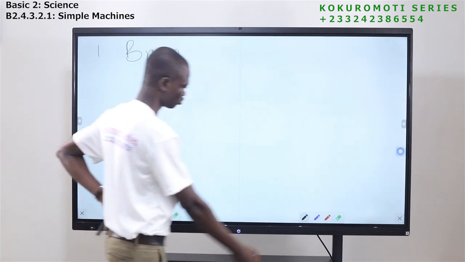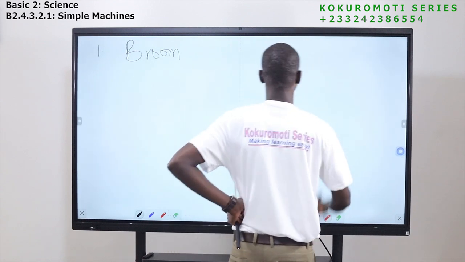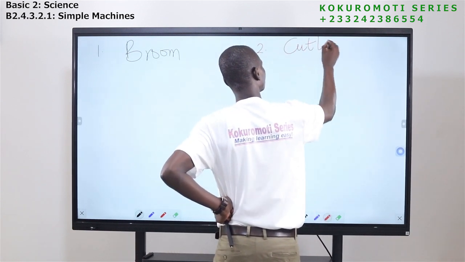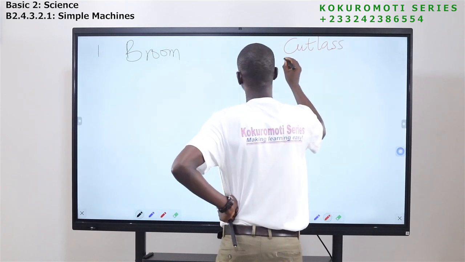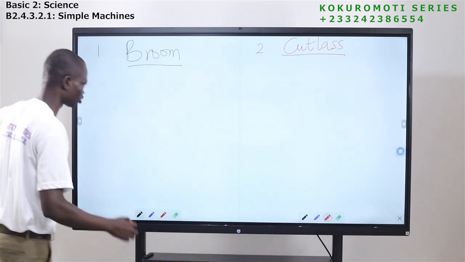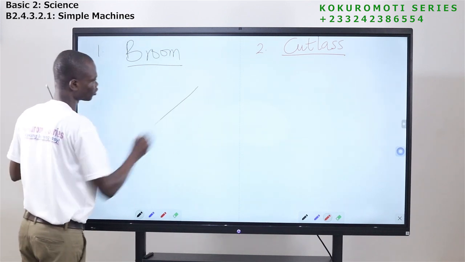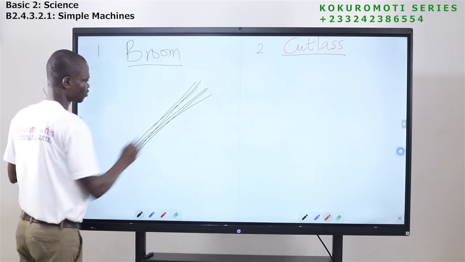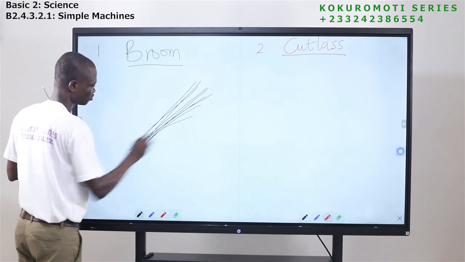And then two, cutlass. So we have cutlass and then we have broom. Let's draw our broom. As for broom, they are simple. Everybody can draw broom.